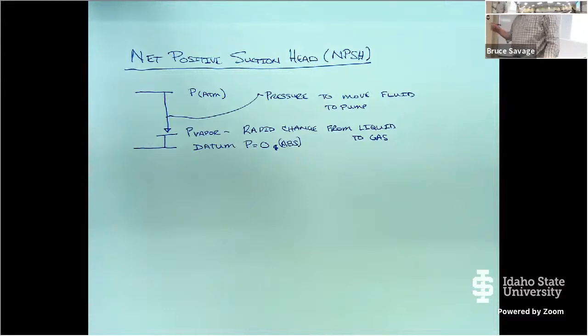So anytime we're dealing with net positive suction head, that should be a clue to you that you want to use absolute pressures. You stay away from gauge pressures. Just like when you're doing the ideal gas law, use absolute pressures, okay? And so we could actually write the energy equation and derive the net positive suction head. But let's jump back to that pump curve.